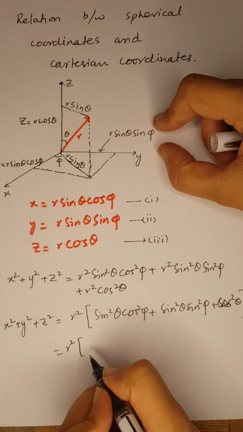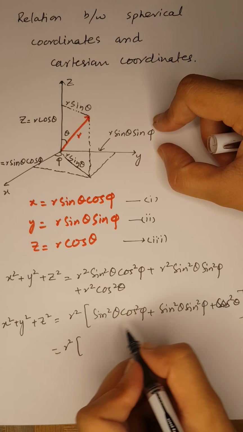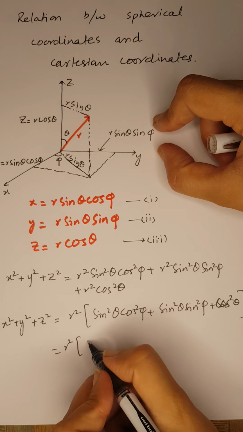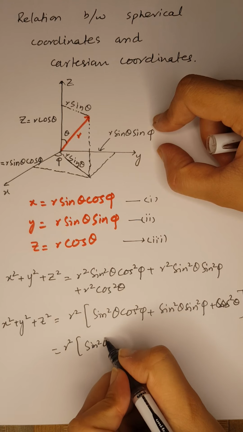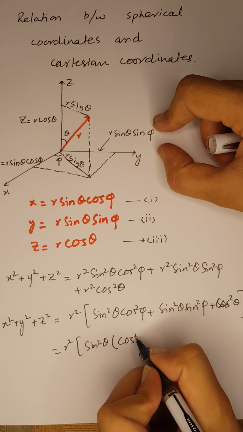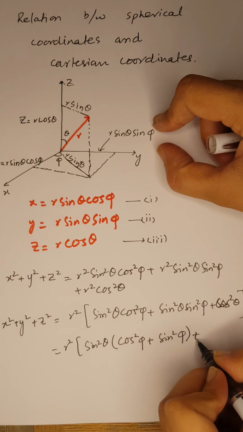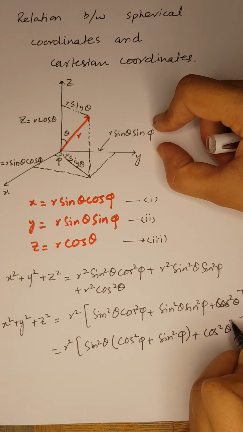Now let's simplify it further. If I take sine square theta common, I will have sine square theta times cos square phi plus sine square phi, plus cos square theta.